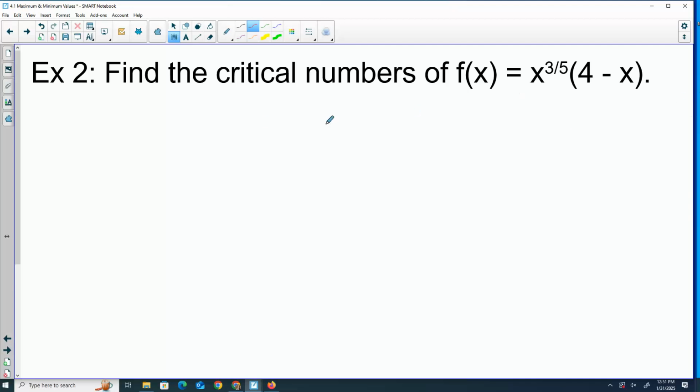If I were going to do this derivative, what might make it a little bit easier? I would maybe even just distribute. So that would be 4x.